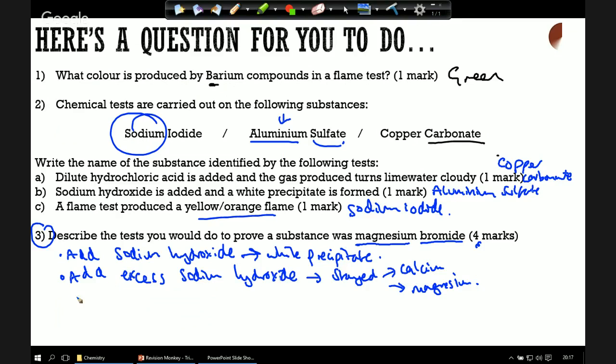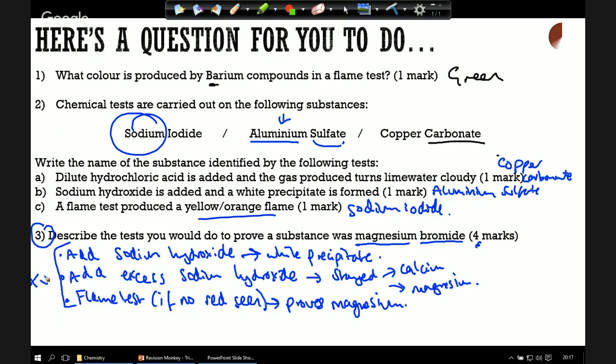So then you'd need to do a flame test to make sure. So then you would do a flame test. And if no red was seen, it proves it's magnesium. So long-winded way there to get to magnesium. If I add sodium hydroxide, add more, and if it still doesn't go away, do a flame test and check that there's no red. So that's for the positive ion.